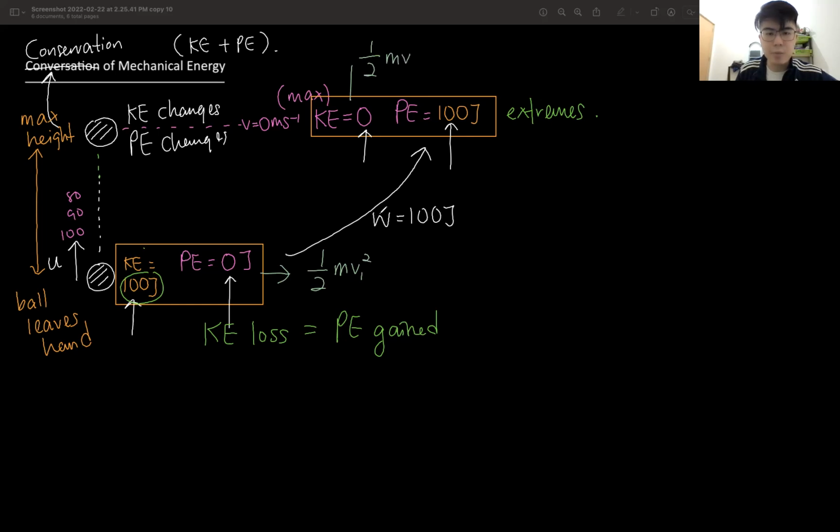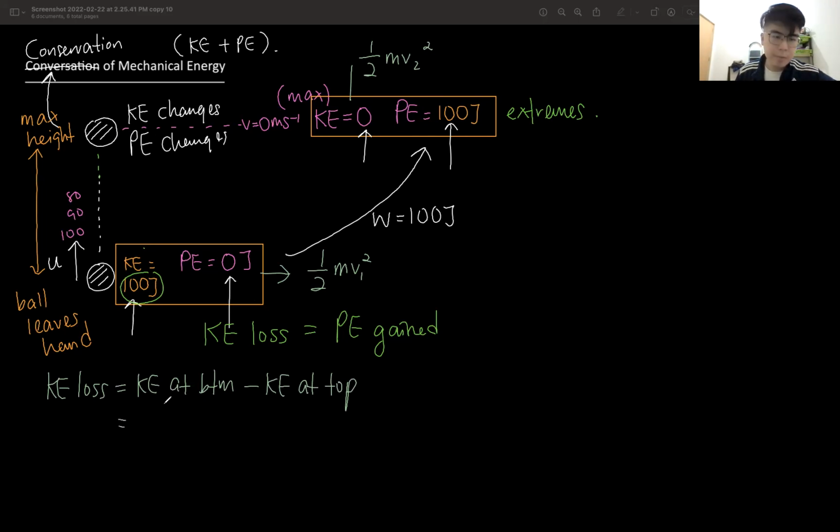Okay, let's put this as v1, v2 square. If I want to calculate the change in the kinetic energy, then I will take this one minus this one. Okay, what is the loss? KE loss will be, I take the KE at the bottom minus the KE at the top. That is KE loss.